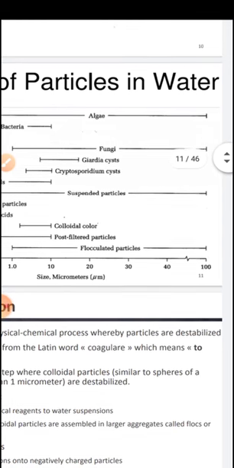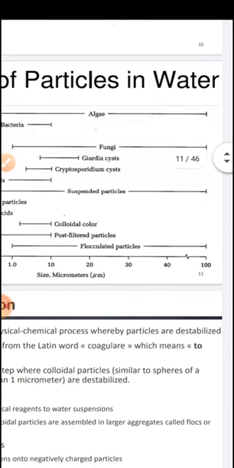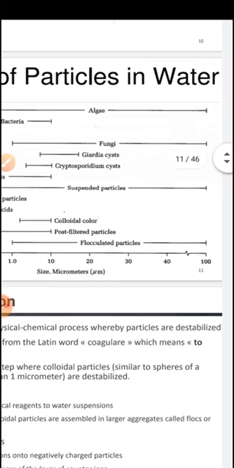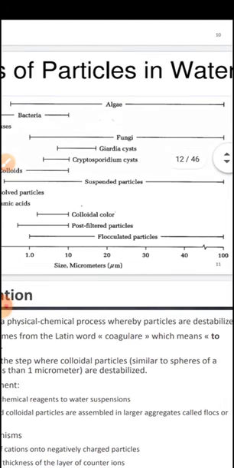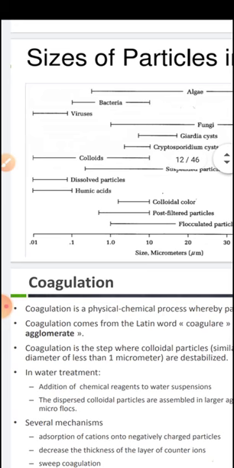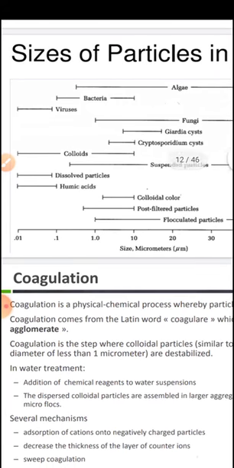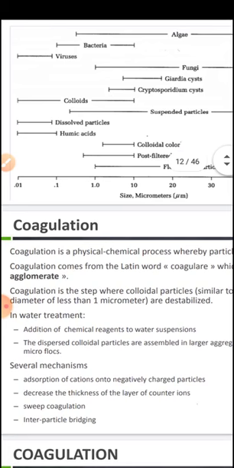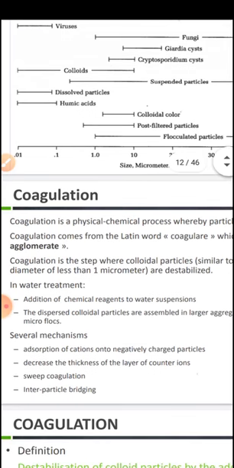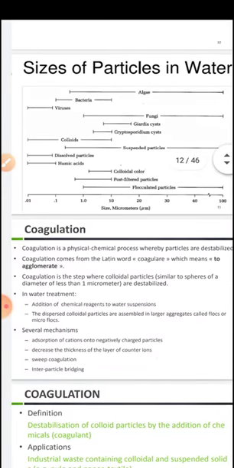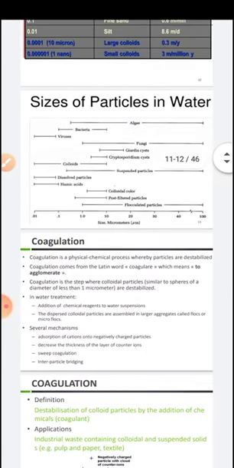On the right side we can see an increase in the size, while on the left side there is a decrease in the size. Normally, colloids have a size ranging from 1 micrometer to 1 nanometer. This is a typical size for a colloidal particle. And now some basic description about coagulation.